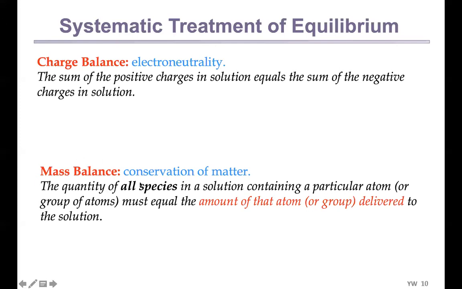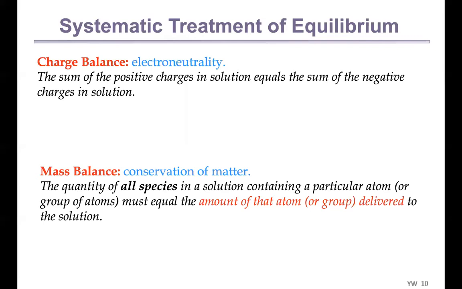And the mass balance is a way of describing the conservation of matter. So simply saying, however much you add to the solution, you should always have the same amount in the solution. Why are we saying that? When you add something into the solution, it might go through some chemical reaction or physical process and change to different ions or complex ions, but it doesn't matter how many forms you have.